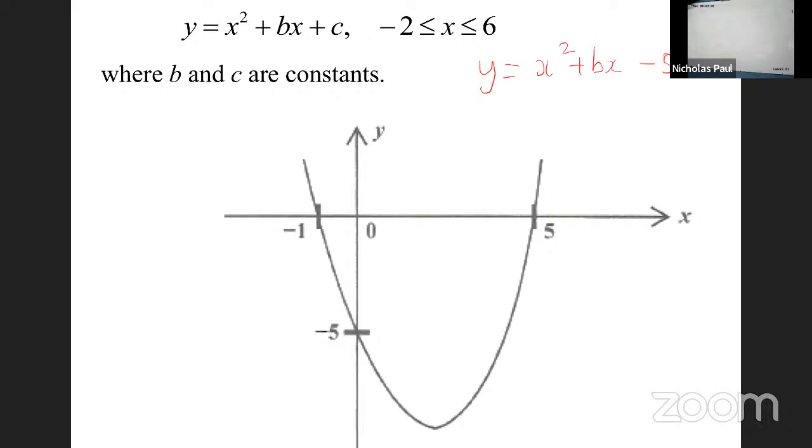And remember, we know that when x is 5, y is 0. Or when x is -1, y is 0.